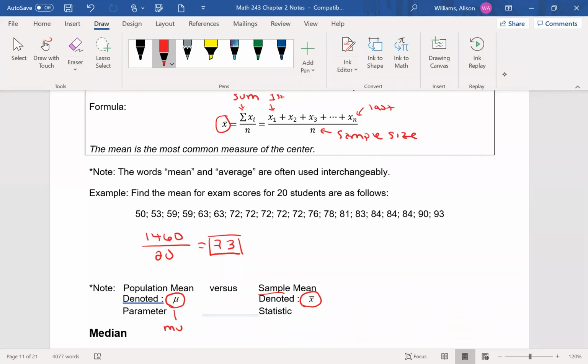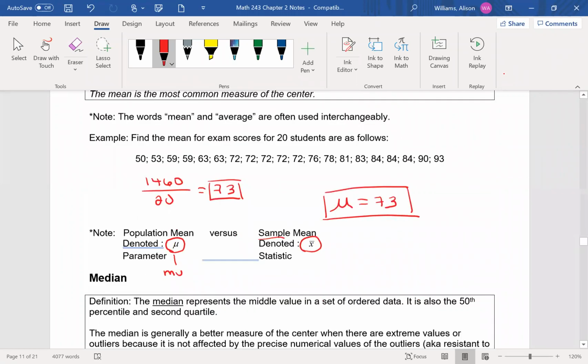That's intentional. It's like a U with a little tail in front, like that. So in this example, if we're finding the mean scores for a class of 20 students, we're not talking about a sample. This would be the entire class. So it would be appropriate to label 73 as the mean for the population with mu.